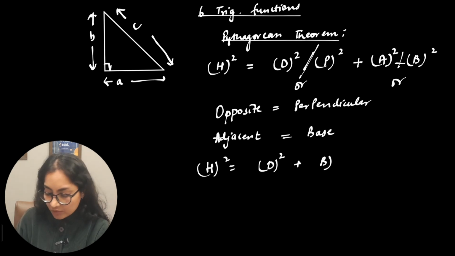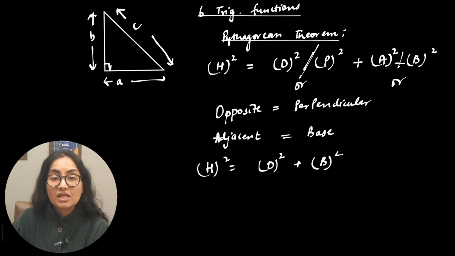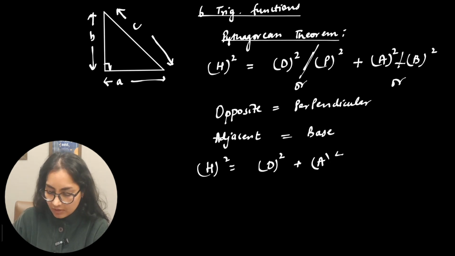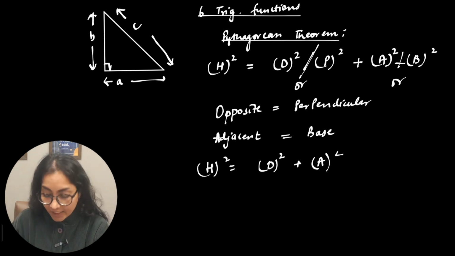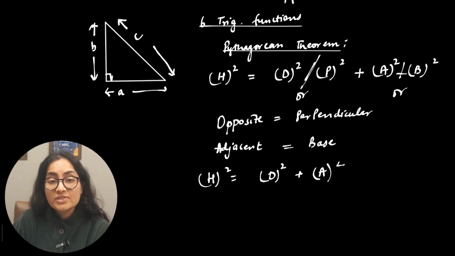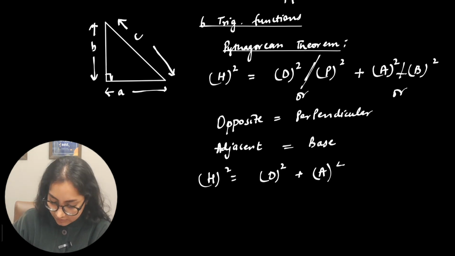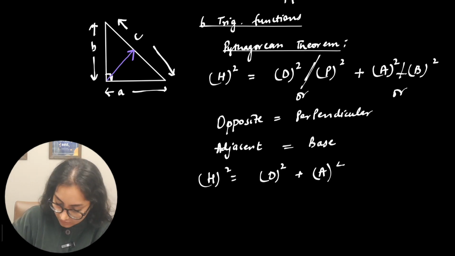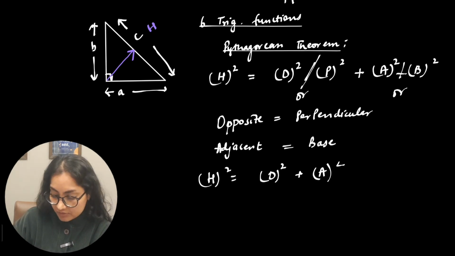But which one of the sides is the hypotenuse, which one is opposite, and which one is adjacent? So let's study that. The side which is opposite to the 90-degree angle, this is the 90-degree angle, and the side opposite to it is called the hypotenuse. This is the hypotenuse.